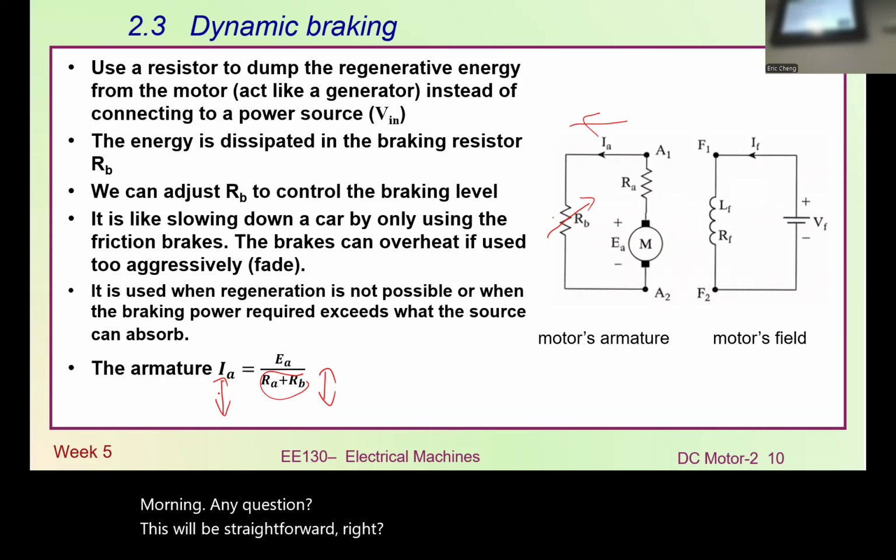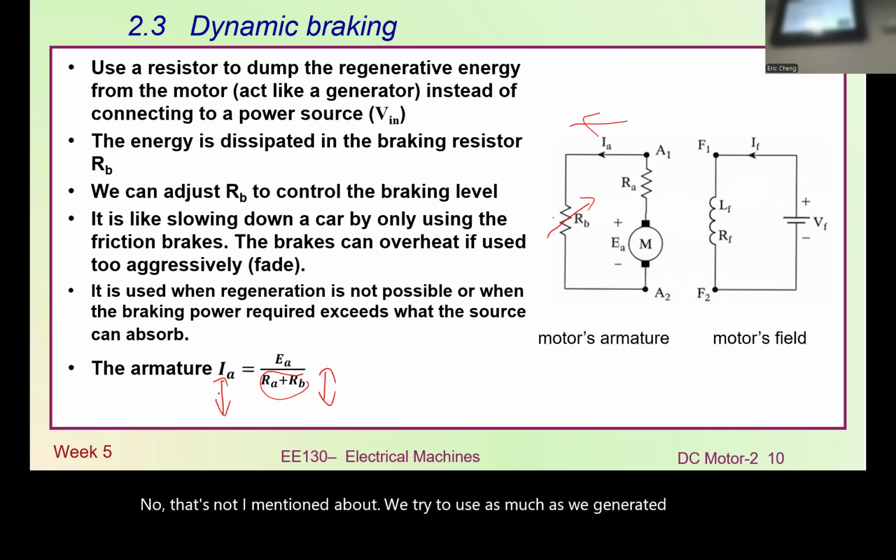Yes? You can explain why it has a big difference compared to the other three. So just now I mentioned we try to use regenerative braking as much as we can. It is the best way because we don't dump the energy into the system; we store the energy in the battery.